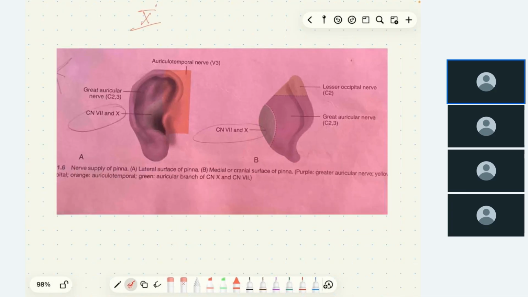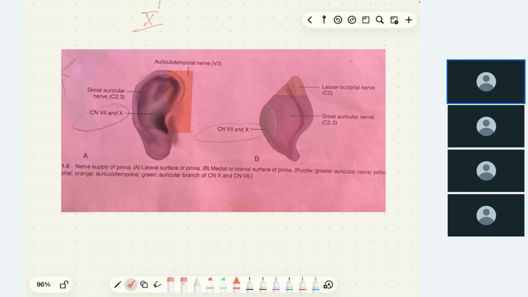Now coming to the nerve supply of the medial surface of the pinna. The upper part is supplied by the lesser occipital nerve, the lower part by the greater auricular nerve, and the posterior part of the medial surface is supplied by the 7th nerve and 10th nerve. Here you see the greater auricular nerve supplying the posterior part of the lateral surface continues posteriorly to supply the anterior part of the medial surface of the pinna.